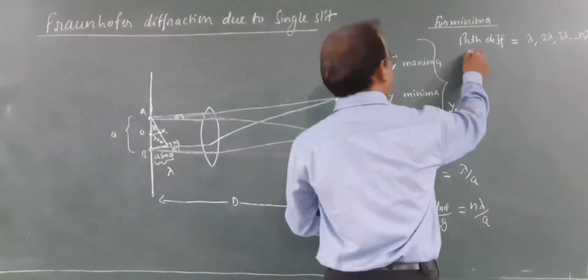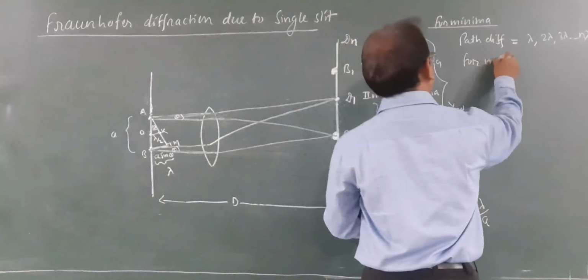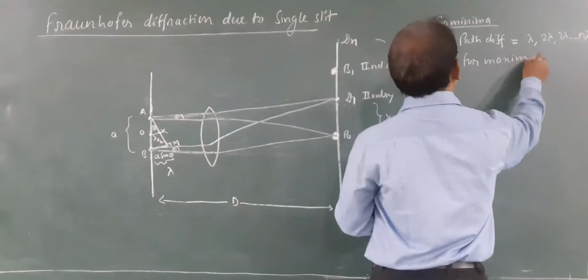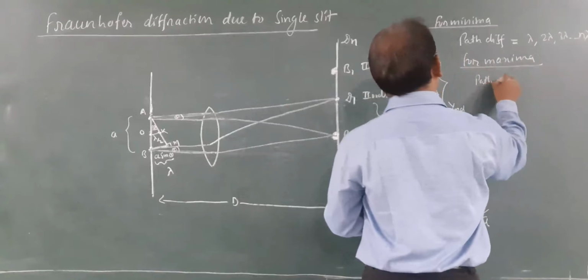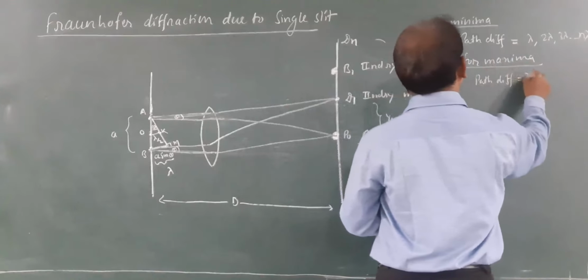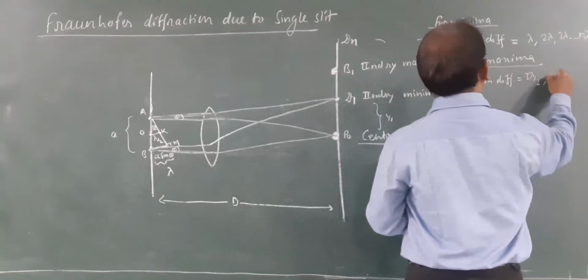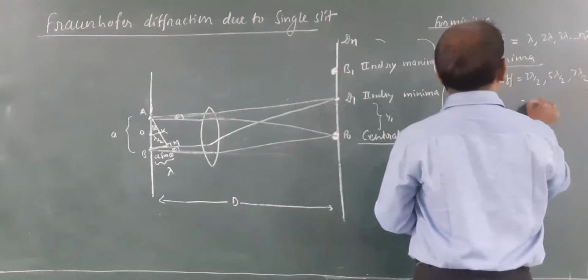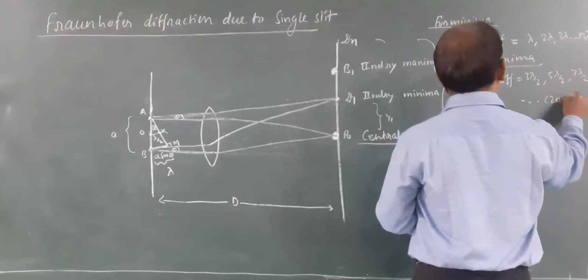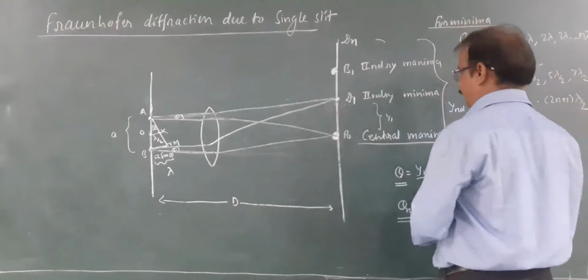For maxima, the path difference must be 3 lambda by 2, then 5 lambda by 2, then 7 lambda by 2, in general (2n plus 1) lambda by 2.